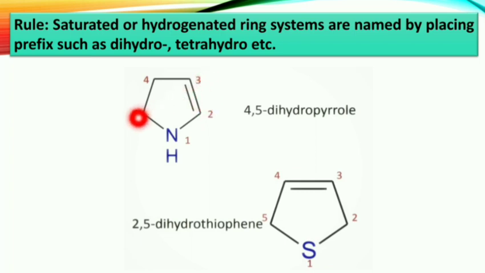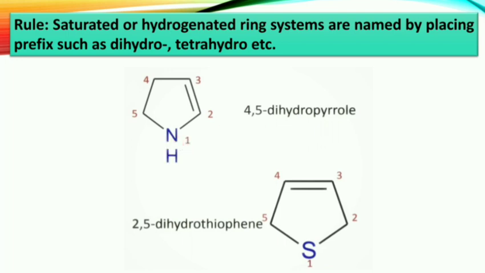So this will be the 2 hydrogenated positions in the structure. We have CH2 and CH2 at the 4 and 5 positions, so you have to use 4,5-dihydropyrrole for this name.